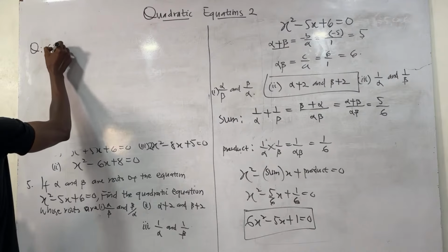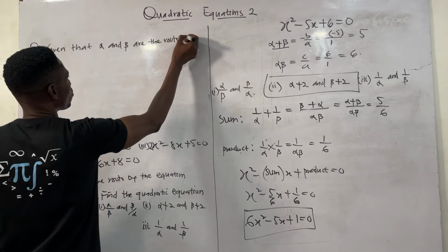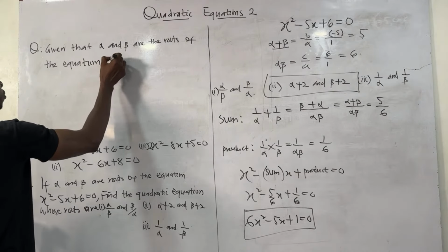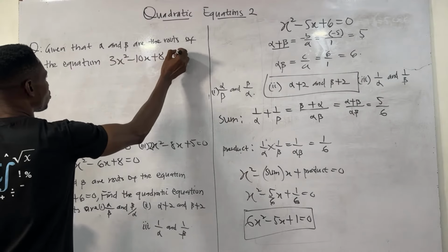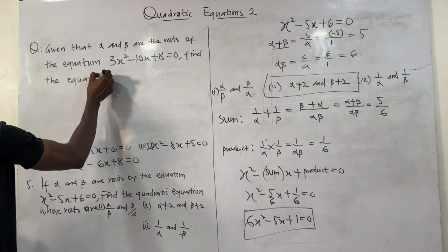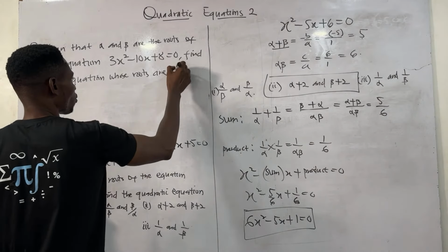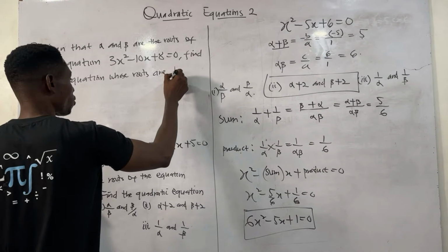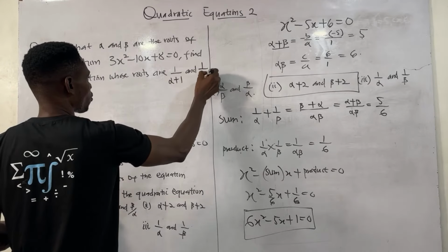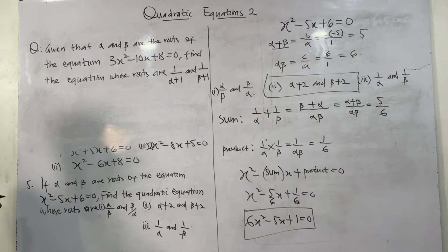So question says, whose roots are 1 over alpha plus 1 and 1 over beta plus 1.